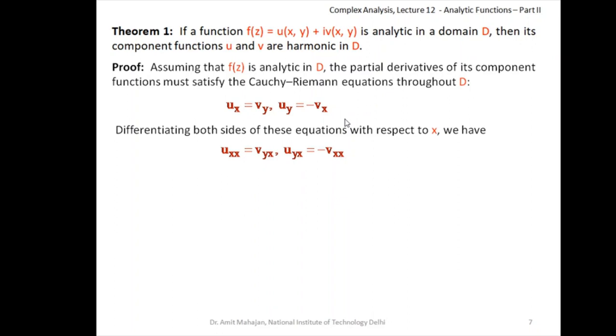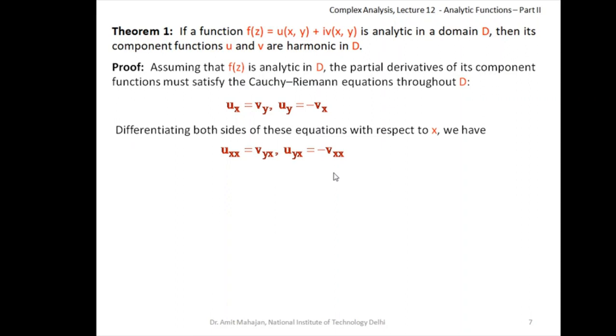Again differentiating these equations with respect to x. If we differentiate the first equation with respect to x, then it is u_xx and v_yx. So second derivative of u with x, and second derivative of v with y and x. Similarly, differentiating the second equation with x, we get u_yx and minus v_xx.